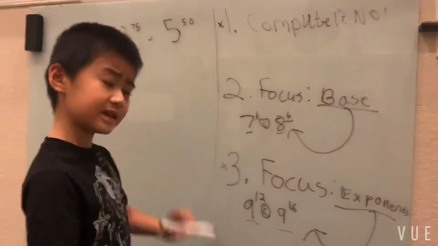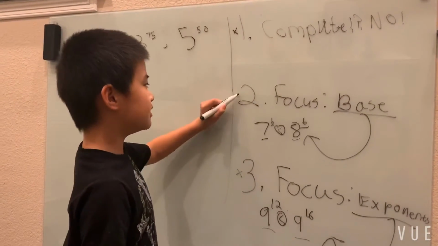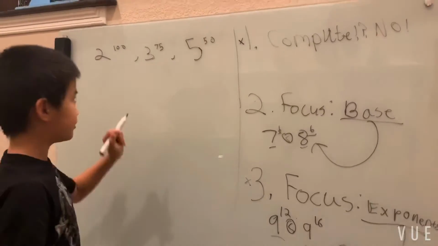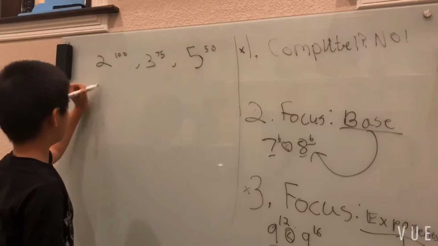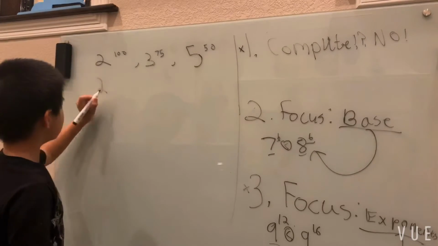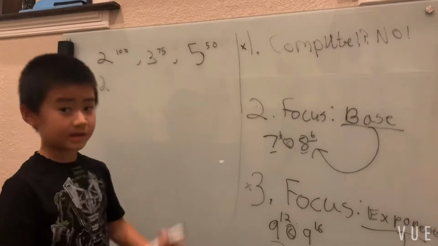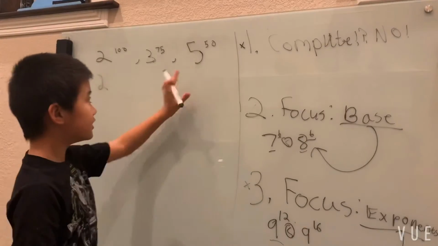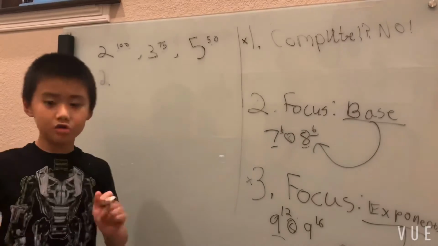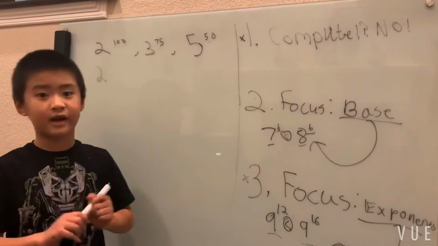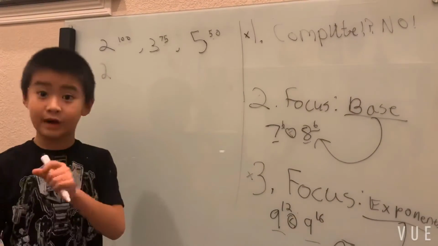So I think this is actually going to work. Let's put a check mark here first. Before we do all this work, we have to see that 50, 75, and 100 are all multiples of 25, right?